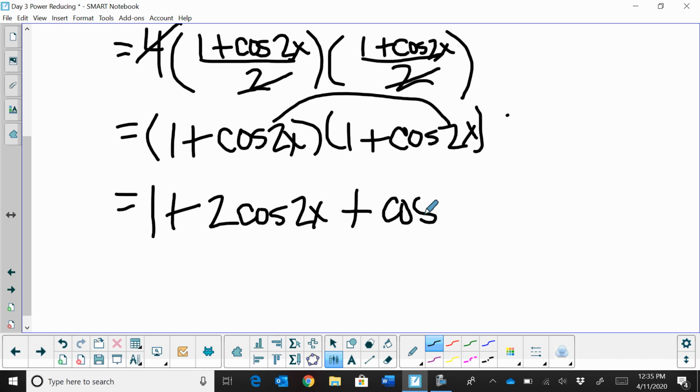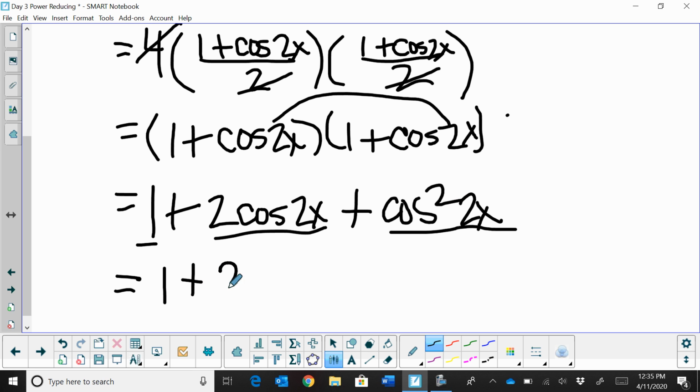That's cosine squared of 2x. Okay, so have I gotten this down to a first degree equation? Well, yes and no. This portion is all first degree, but I have a second degree here. So I then have to replace cosine squared of 2x with a double angle formula yet again.